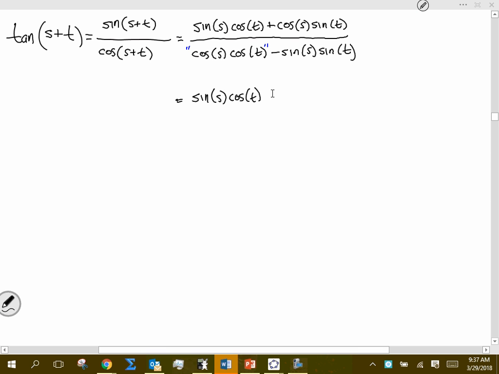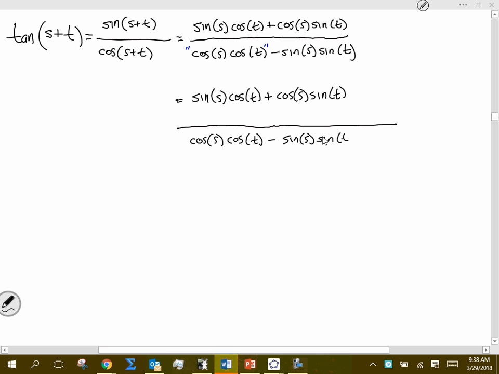So I'm going to give myself room to divide each one of these by something. And then we'll do the same thing on the bottom. So cosine of S cosine of T minus sine of S sine of T.